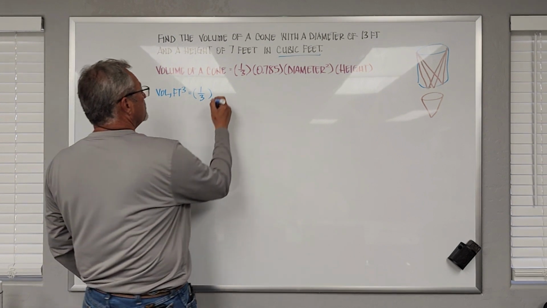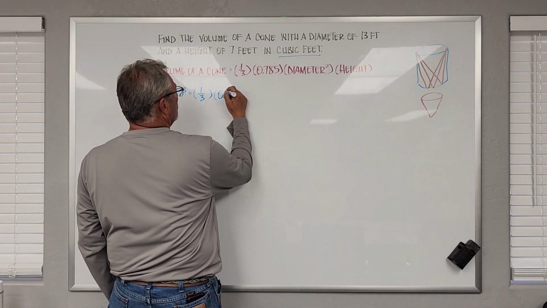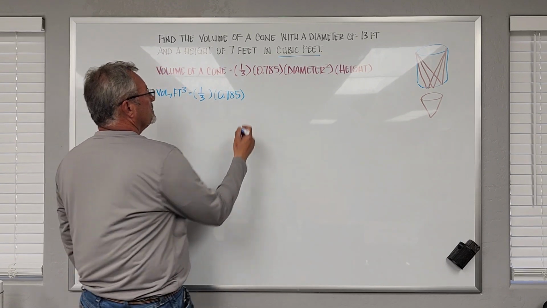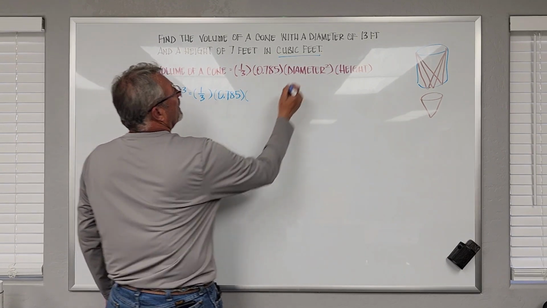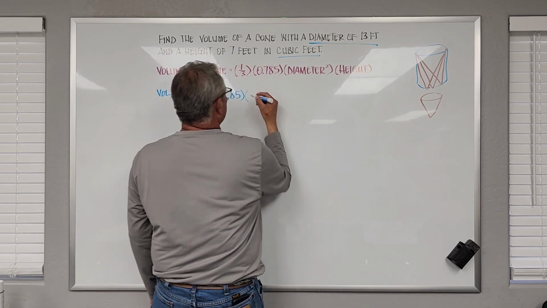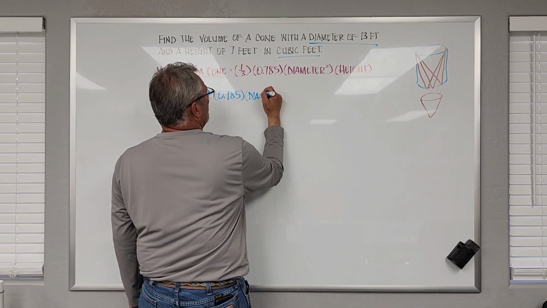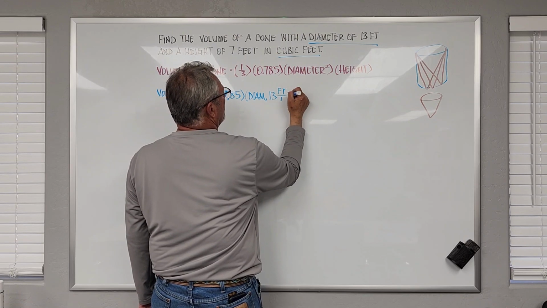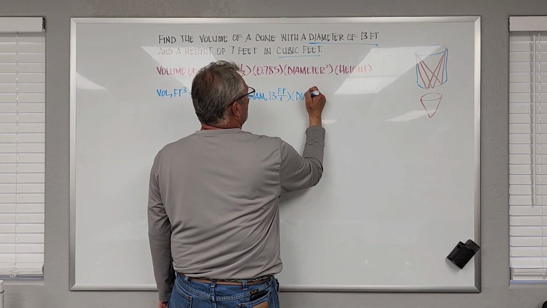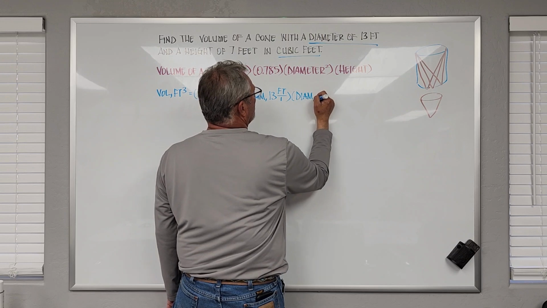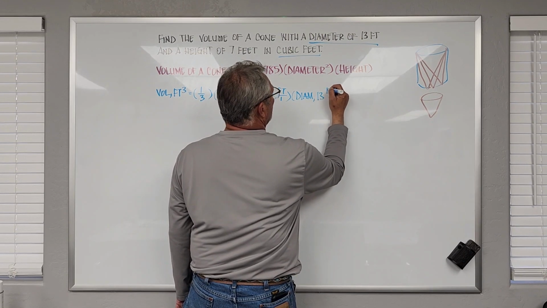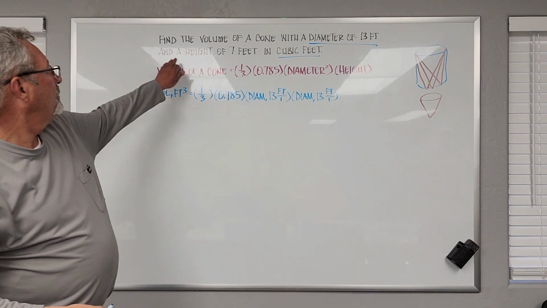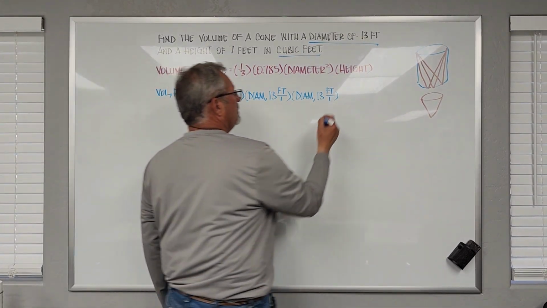And these proportions are going to be, first I got to put in my 0.785, right? So what's the diameter? The diameter is 13 feet, diameter times diameter. And then we have the height of 7 feet.